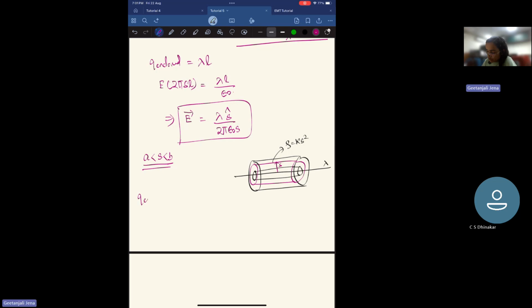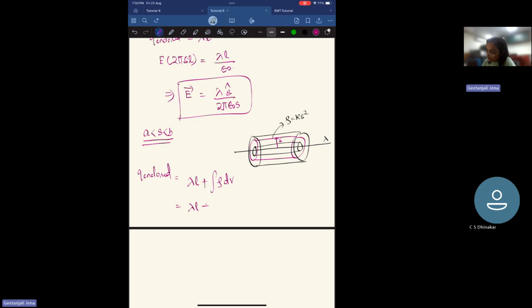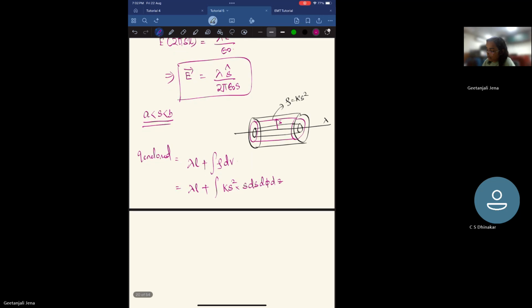First let us see Q enclosed, which is lambda L plus the integral of rho dV. Rho you can see is K S square, and dV for the cylinder we can write as S dS d phi dz. S is from A to S, Z is from minus L by 2 to L by 2, and phi is from 0 to 2 pi.